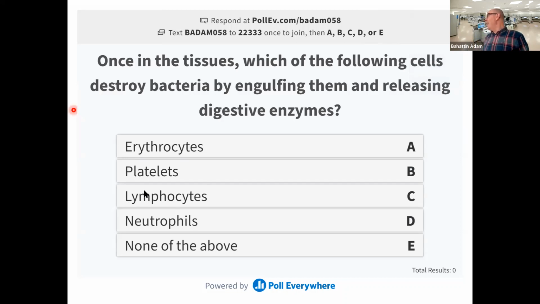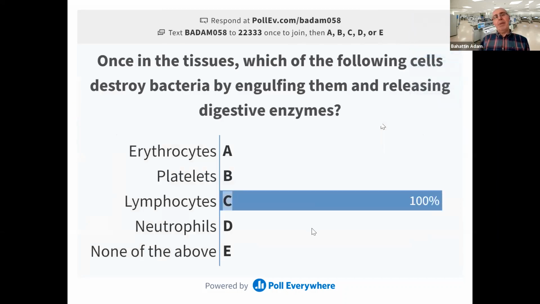White blood cells, but which kind? Correct, white blood cells. The correct answer is neutrophils.